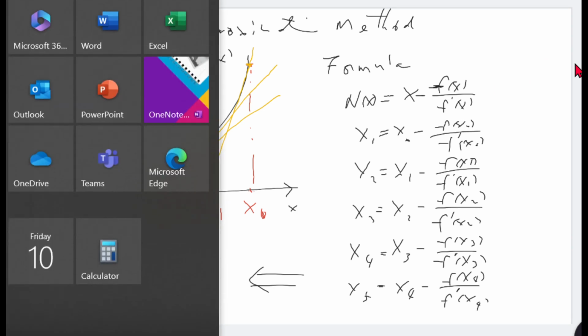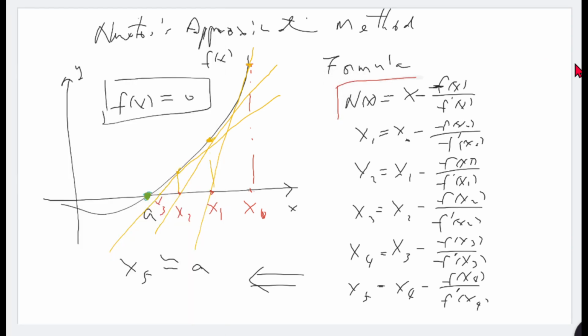This is what we summarize as the generator, the expression that's going to generate a new value. I call it Newton's function.